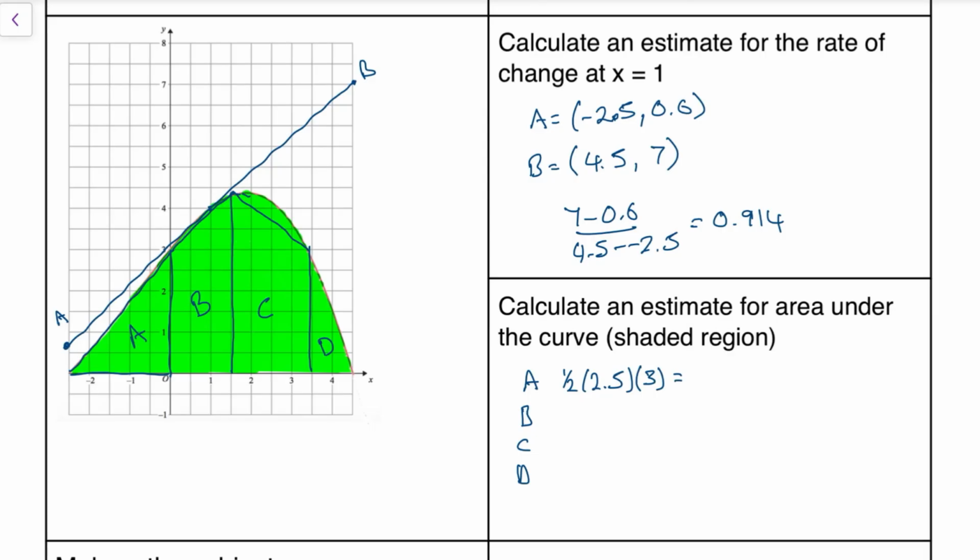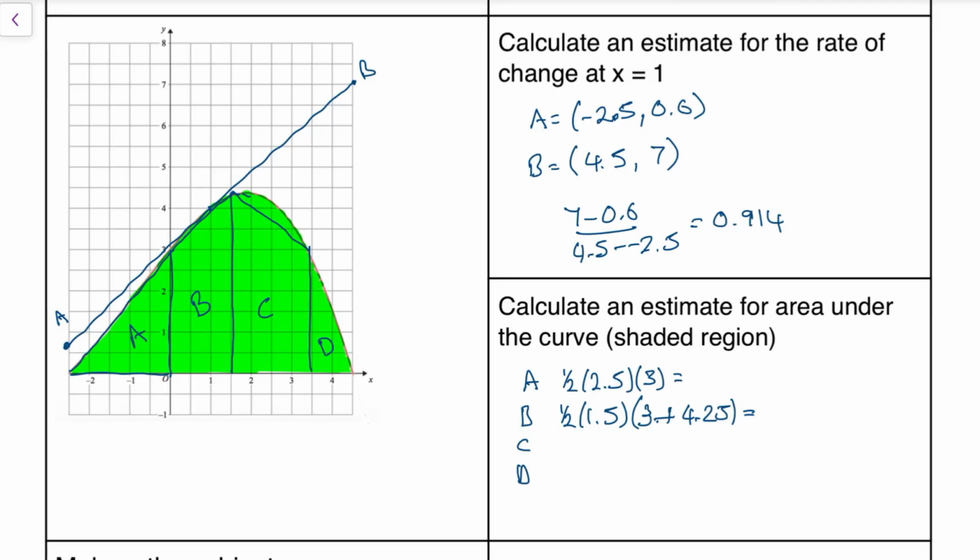B is a trapezium, so it's half the height. So it's a half times 1.5 times the sum of the parallel sides, which is 3 plus, call that 4.25. So 3 plus 4.25. Being very over accurate there.